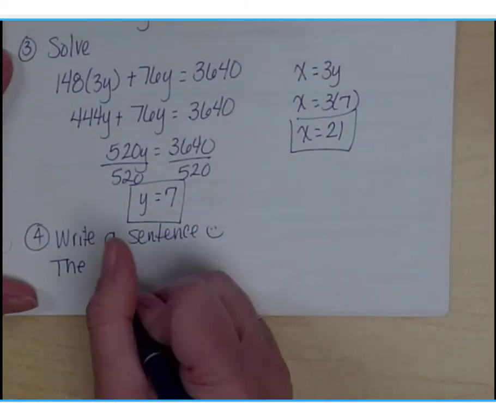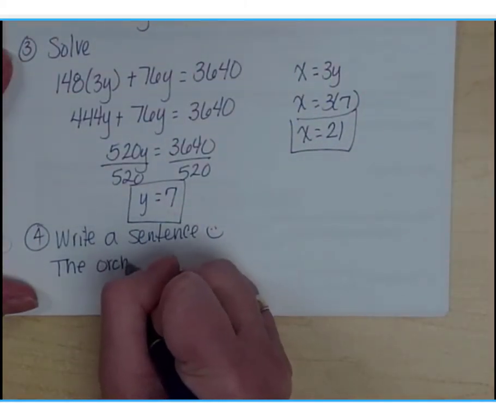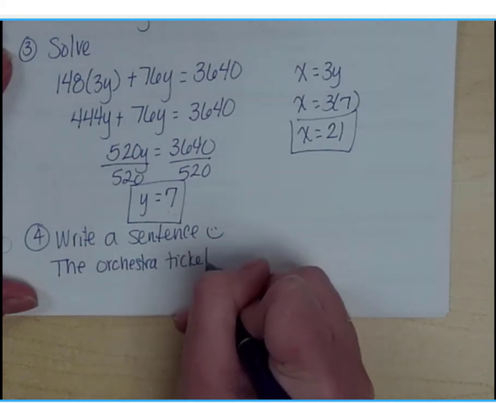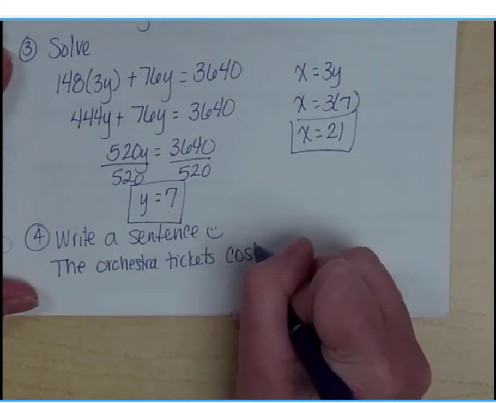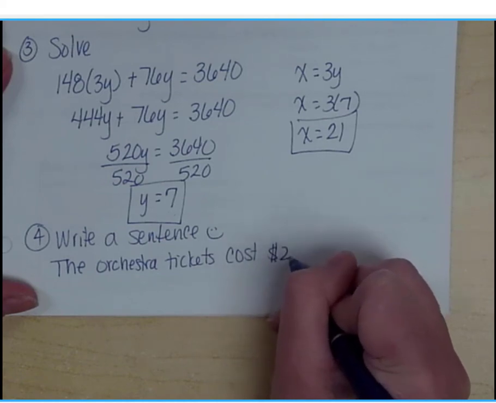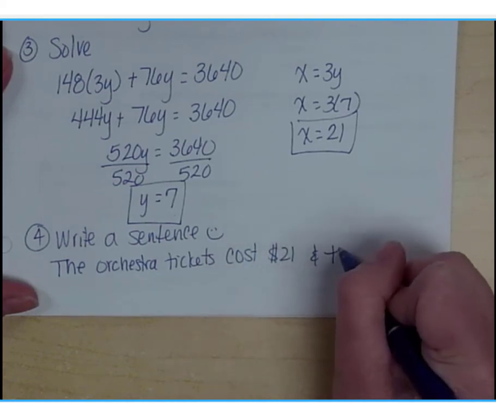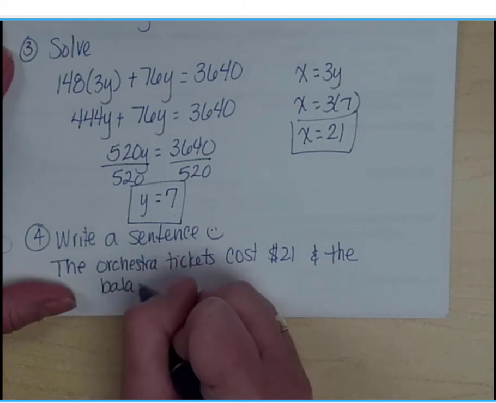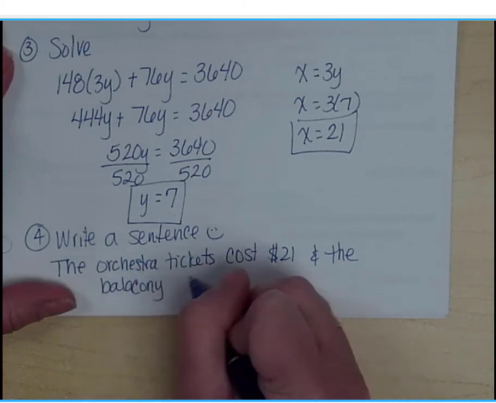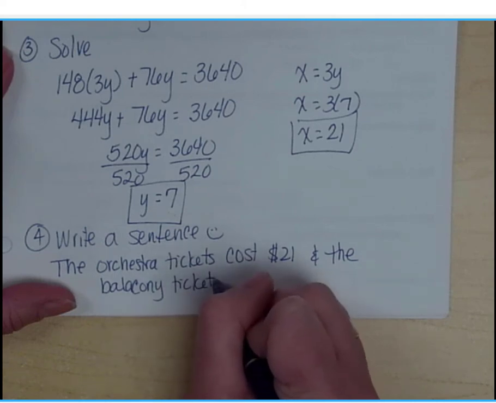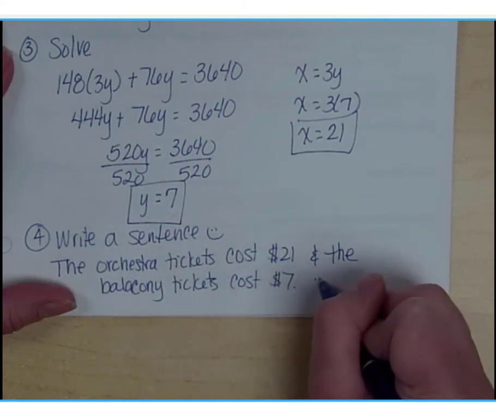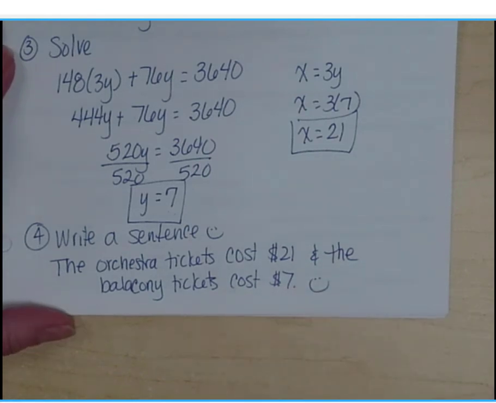The orchestra tickets cost $21 and the balcony tickets cost $7. Nice job.